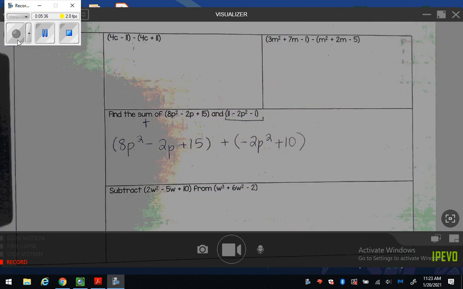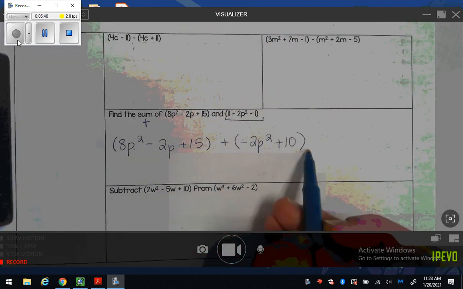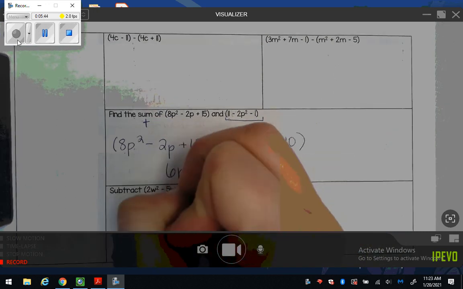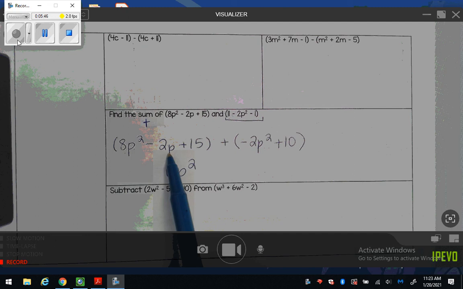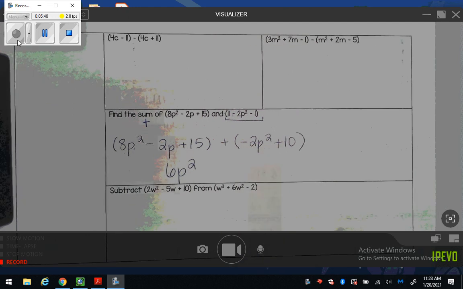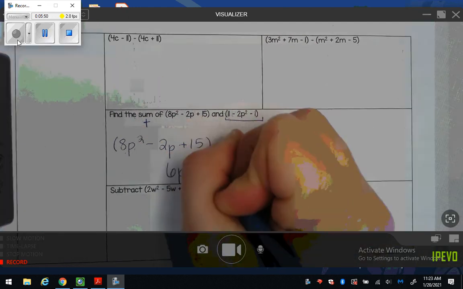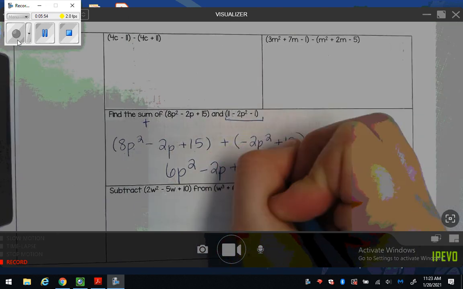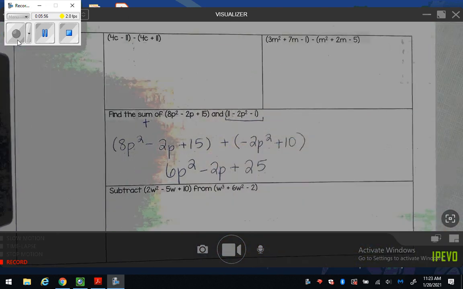So you can combine like terms within a parenthesis. Now you're just going to combine like terms over the whole thing. 8p squared plus negative 2p squared is 6p squared. Negative 2p plus, there's nothing over here, so that's like a 0, is negative 2p. And then 15 plus 10 is positive 25.